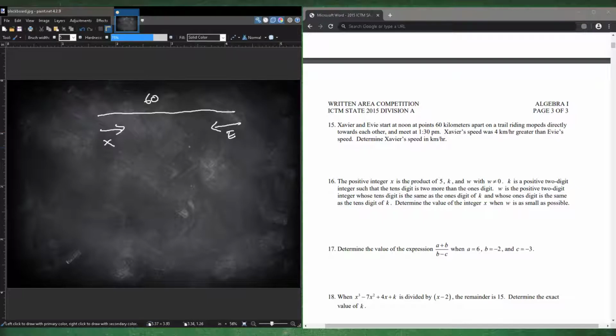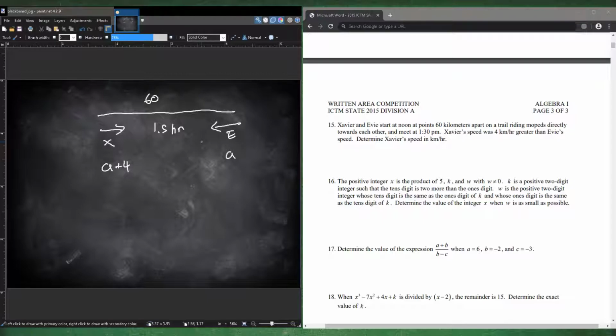Xavier's speed is 4 kilometers per hour greater than Evie's speed, so let's say Evie's speed is a. That means Xavier's speed is a plus 4. And they took 1 hour and 30 minutes, so it's 1.5 hours, because noon is 12 o'clock, and they meet 1.5 hours past.